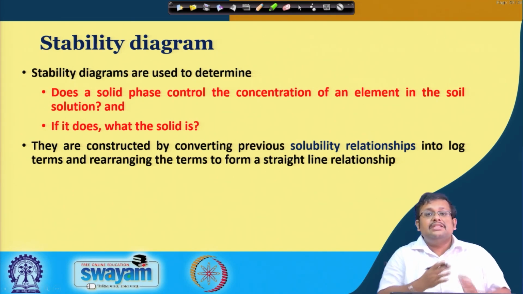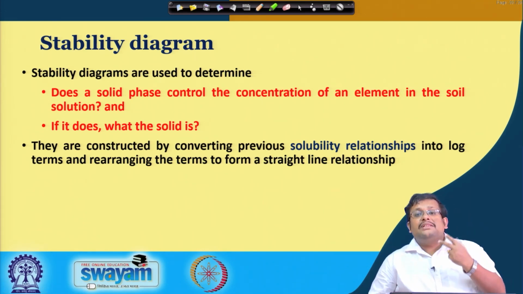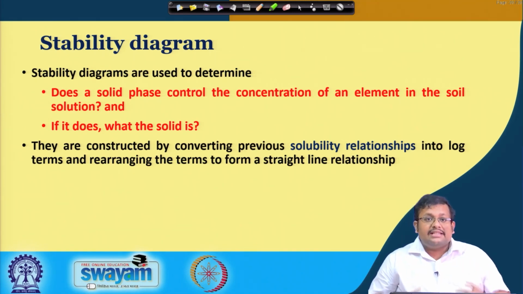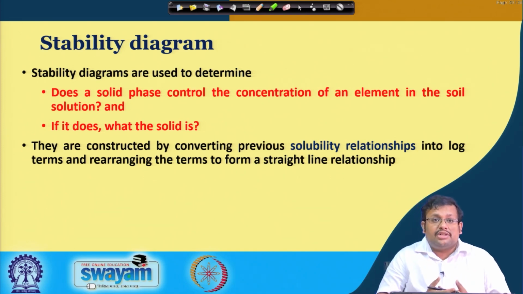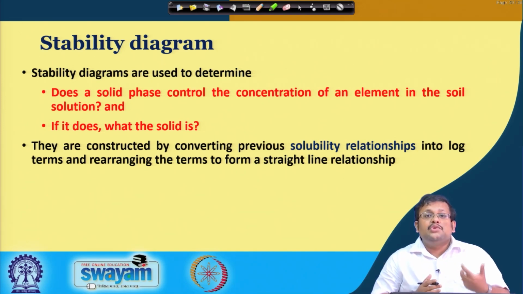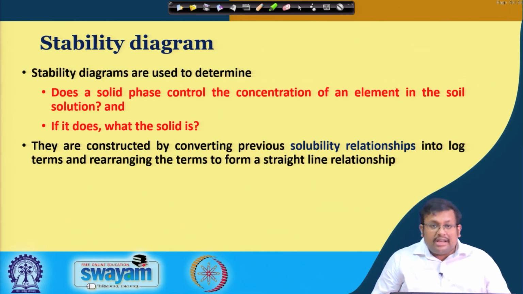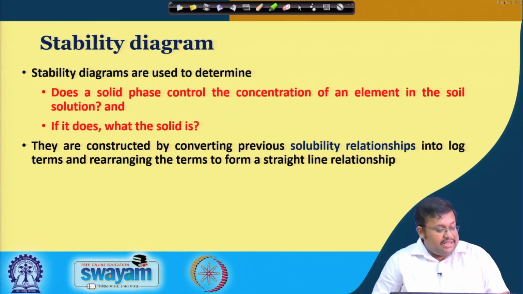Now, for seeing this whole process, we generally use the stability diagram. Stability diagrams basically give us two answers. One is, does a solid phase control the concentration of an element in the soil solution, and if it does, what the solid is. They are constructed by converting the previous solubility relationship into logarithmic terms and rearranging the terms to form a straight line relationship.